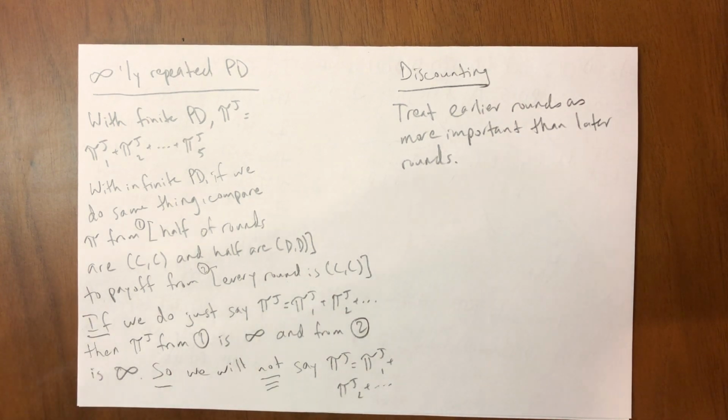So when we talk about making the early rounds of our infinitely repeated prisoner's dilemma worth more, you can think of that same idea. You would rather get the high payoff early on rather than later. Okay, I'll pause the video for a moment right here, and we'll be right back with some discussion of how discounting works.